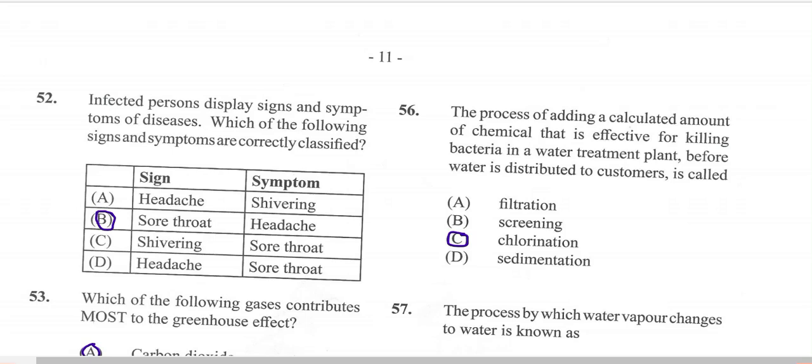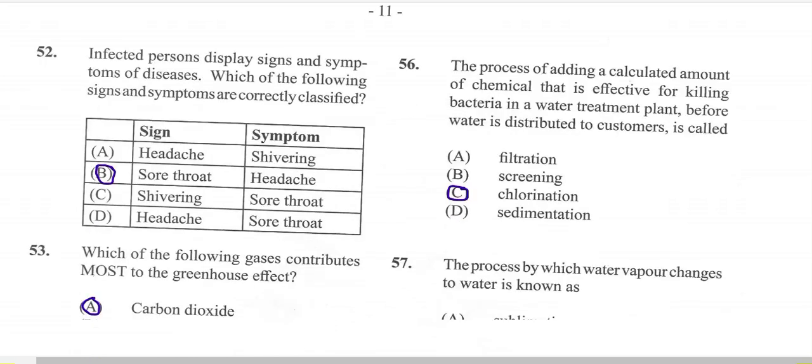So sign, sore throat, the person could open their mouth and you could see the sore throat. Headache, that's a symptom. The person would have to tell you they're having a symptom. Sign, shivering, you can see the person shivering. And of course, I've explained everything on one side. So our answer here is going to be B. Sore throat is a sign, headache is a symptom. So 52, your answer is going to be B.